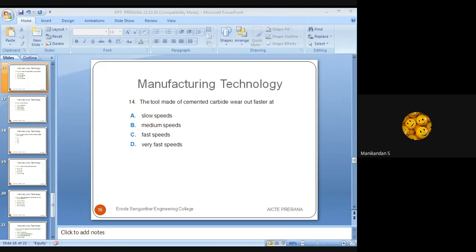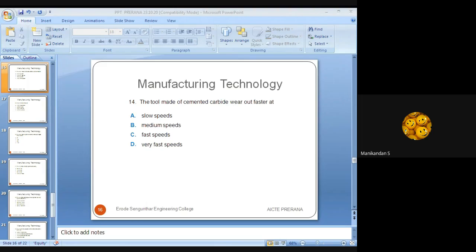And I want to suggest one thing: carbide tool is used for high to very high speed accuracy machining.